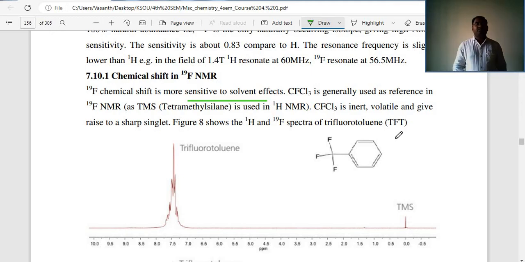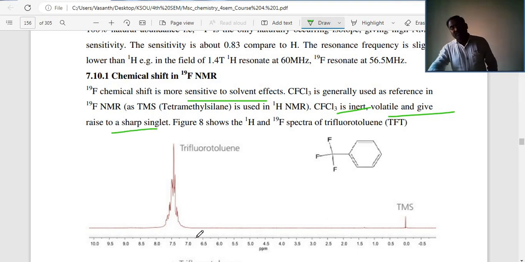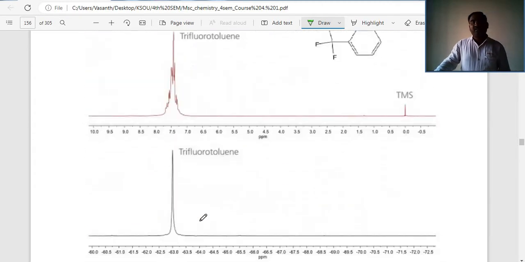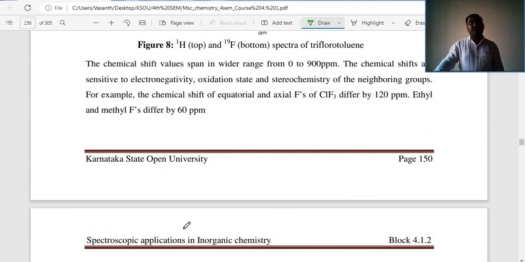CFCl3 is generally used as the reference in fluorine NMR. CFCl3 is inert and gives rise to a sharp singlet. Further fluorine NMR spectroscopy data are tabulated.